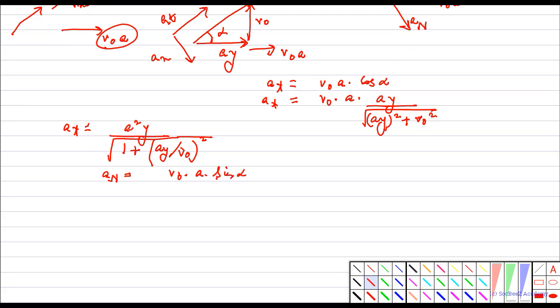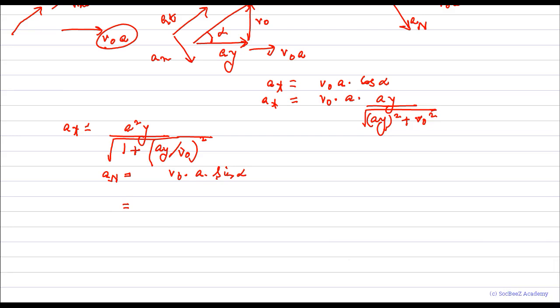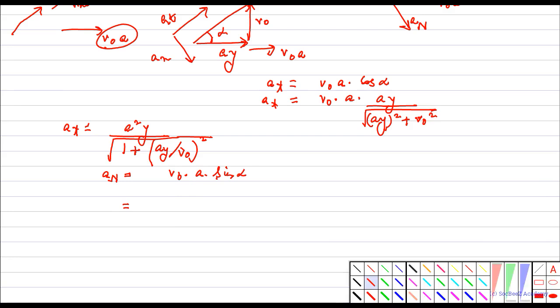So this can be written as v0 into a into sine of alpha is nothing else but v0 upon root over v0 square plus ay square.